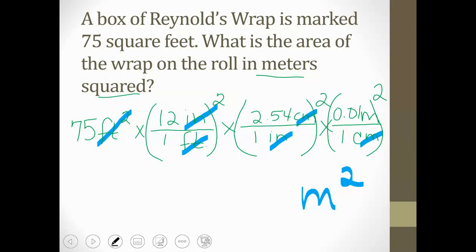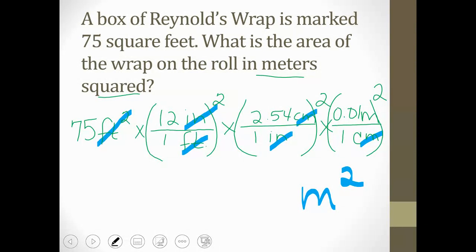Now to solve this, I either need to solve each one of these and get a number, or just go through and set it up in your calculator. 75 times 12 twice, times 2.54 twice, or times 2.54 squared, and then times 0.01 twice, or times 0.01 squared.